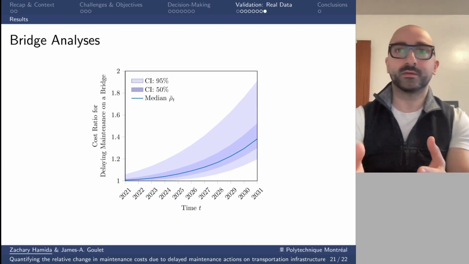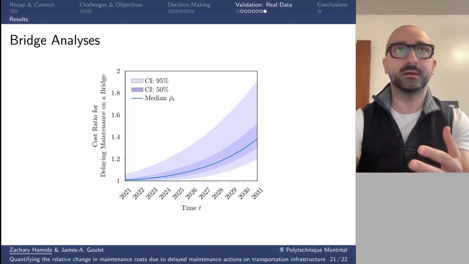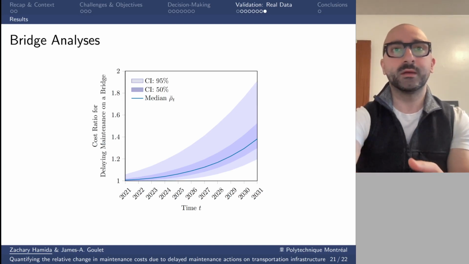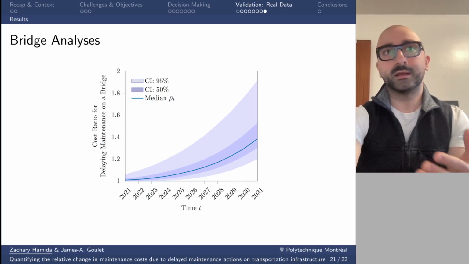There are further analyses and results in the published paper, but this is a brief summary of what can help decision makers take better, more informed decisions.